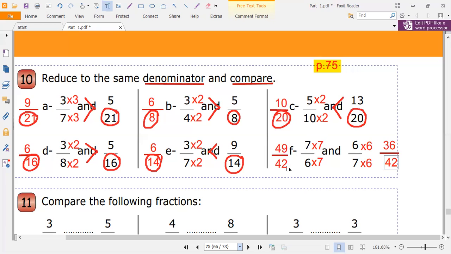So we get the same denominator, which is 42, because 6 times 7 is equal to 7 times 6, which is 42. Now we have to compare the numerators. We have 49 and 36. 49 is greater than 36, so 49 over 42 is greater than 36 over 42.